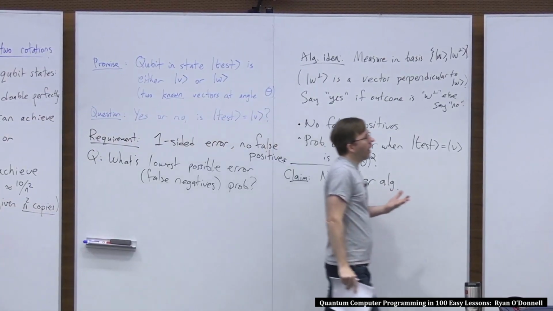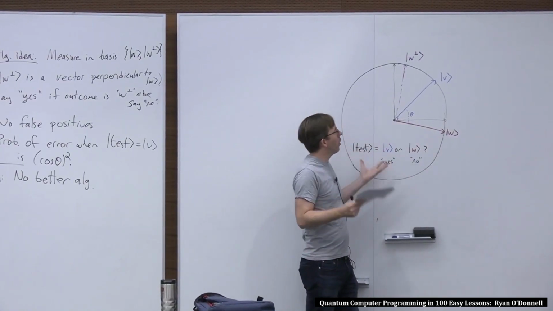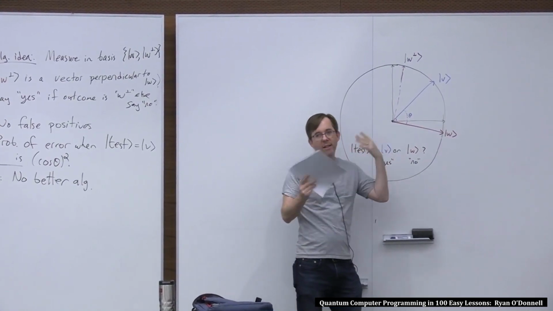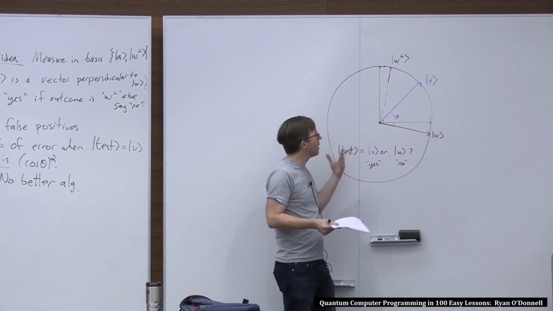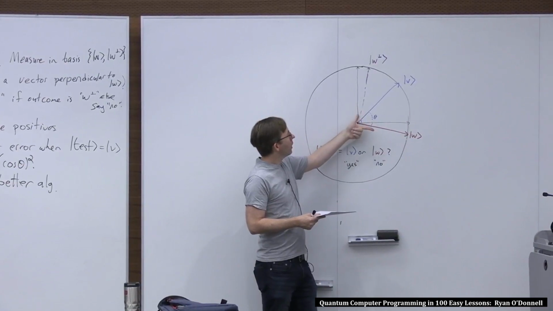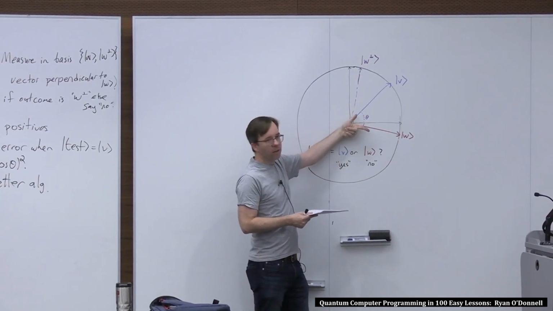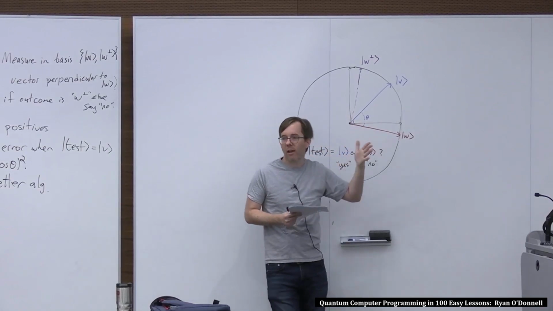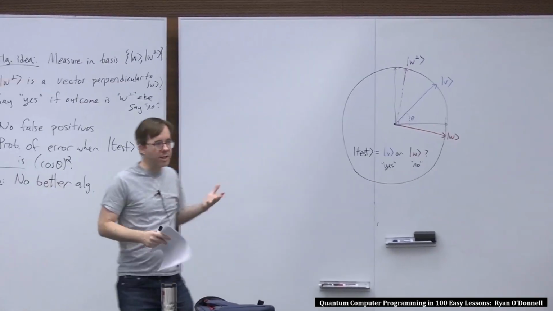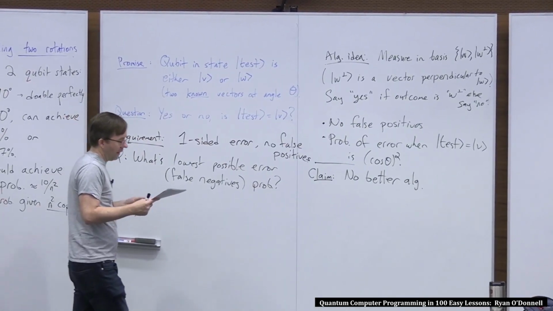The main idea behind it is, you could try to imagine some quantum code that takes test and does some stuff to it, like maybe rotates it or reflects it. But the fact of the matter is that even if you rotate this picture or reflect this picture, the angle is always theta. You cannot change that. Every operation you can do is unitary. You can't change the angle being theta, so there's not a lot you can do.